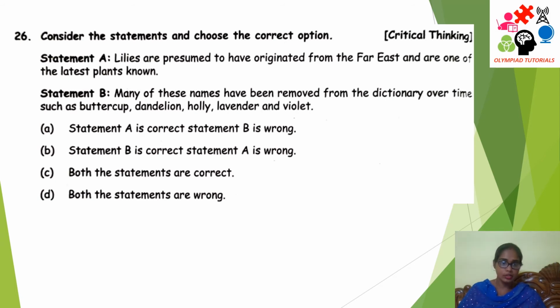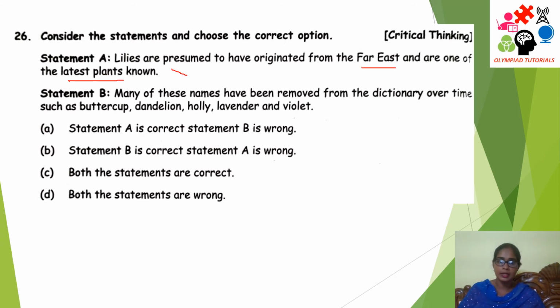So statement A, if you see properly, lilies are presumed to have originated from the Far East, and they are one of the oldest known plants. They are not the latest known plants. They have originated in the eastern world, but they are very old plants.